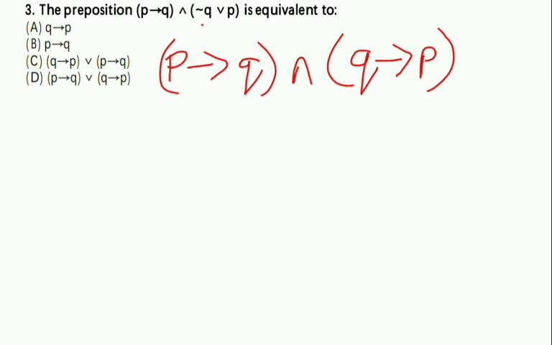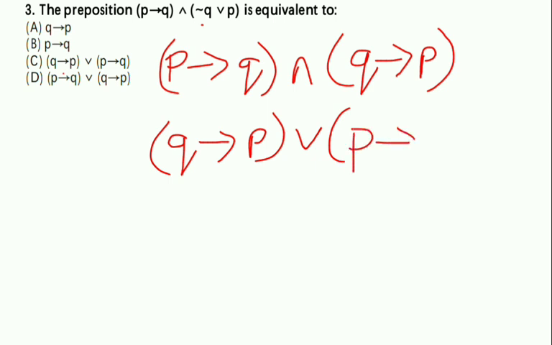In options C and D, it is given as Q implies P or P implies Q, so we can write this proposition as this one. So this follows option C, so option C is true.